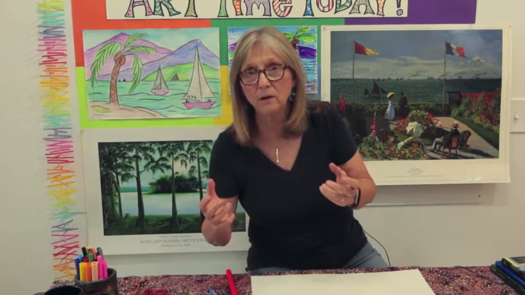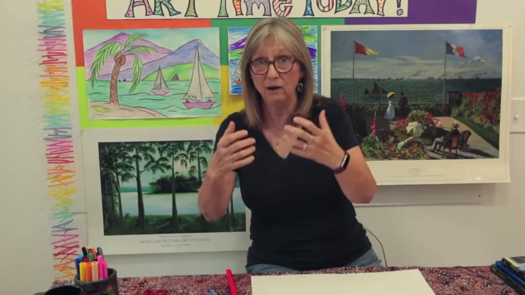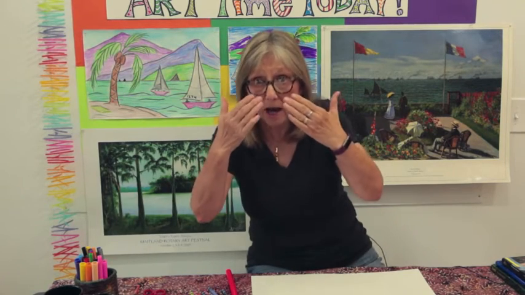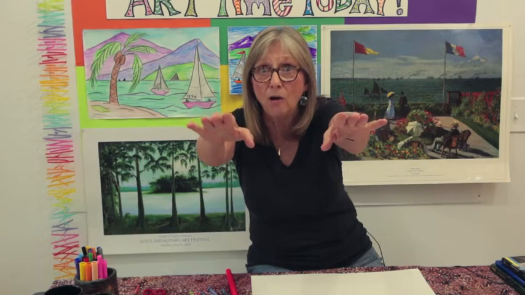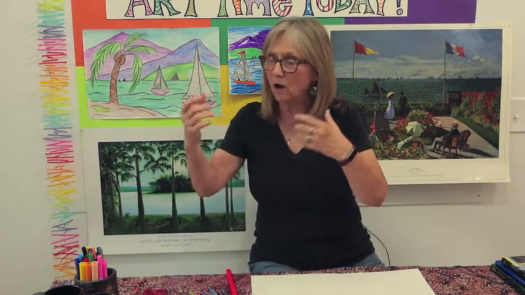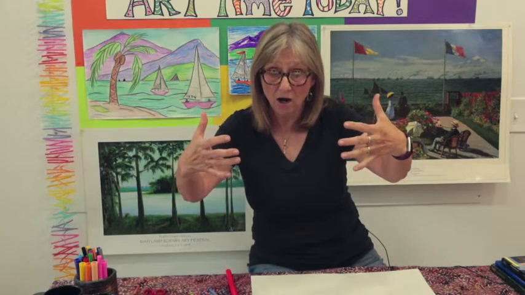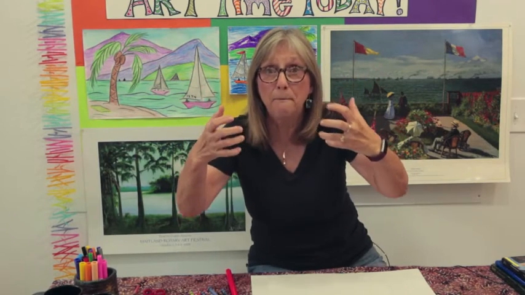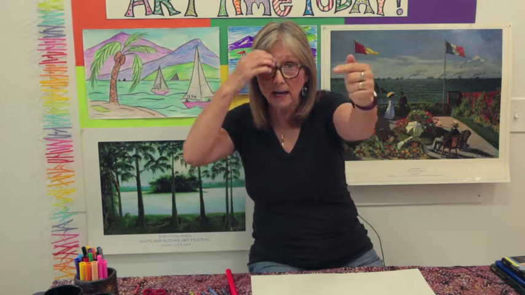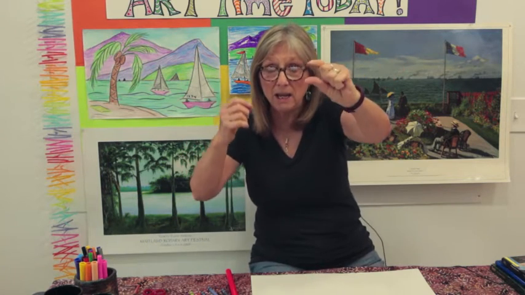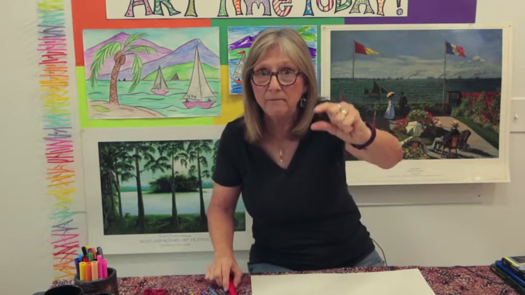But the cool thing that we're going to do is show how to make objects in our drawing look close up and far, far away. When we're driving down the road and we see things that are close to us, they look big. But the trees and the things that are far away look really, really tiny.